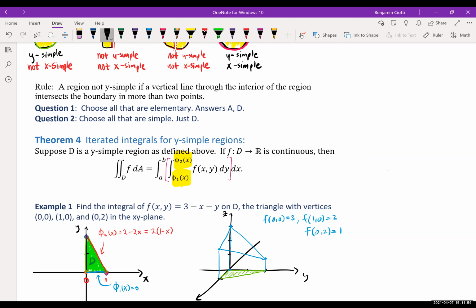This is for a y simple region where this is the function on top and this is the function on the bottom. And x extends from A up to B. So the x limits, this is just the minimum x value up to the maximum x value.